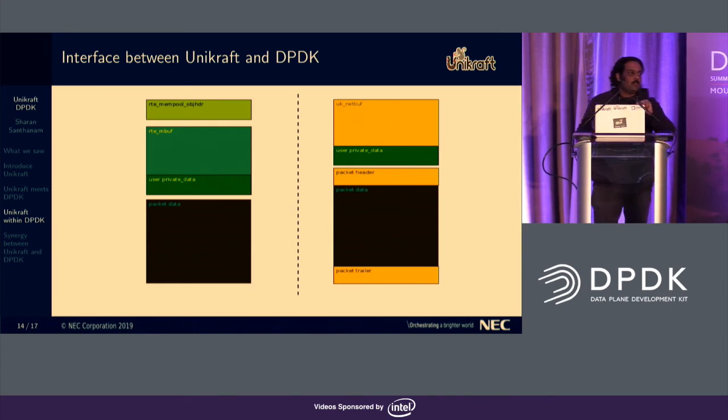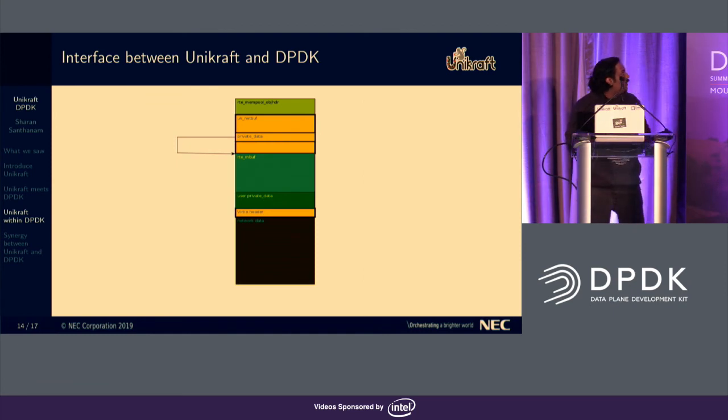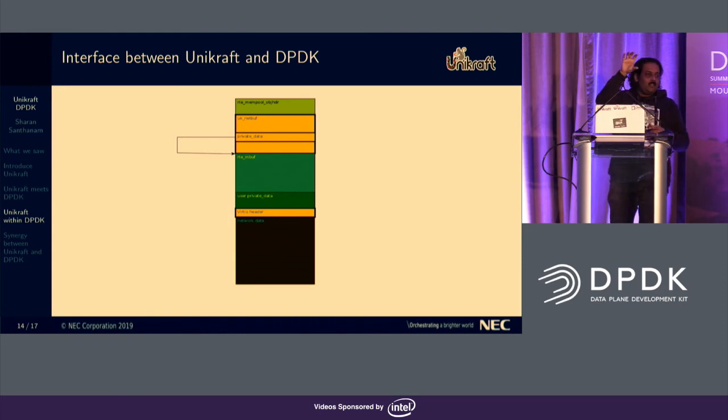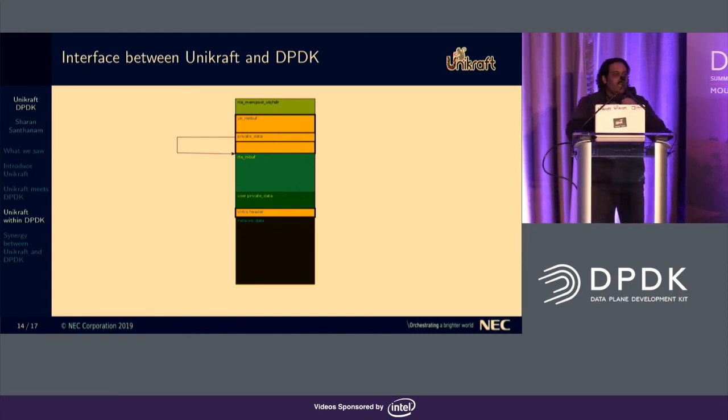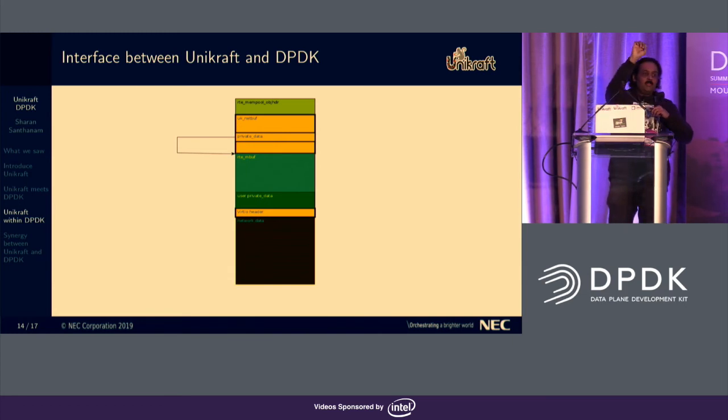How we combined it was to embed the netbuf after the mempool header, and then the private data of the netbuf points into the mbuf, and then you have the packet data around it.